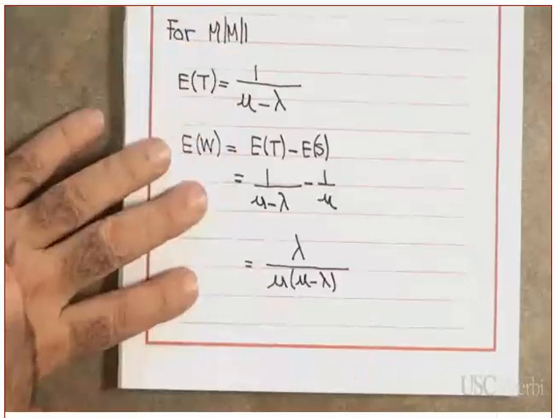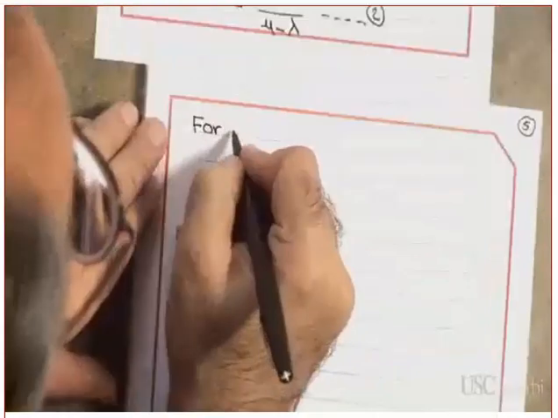What is rho? Lambda over mu. Yes? Which means 1 minus rho is mu minus lambda over mu. The mu cancels with this. So I end up with 1 over 2 times mu minus lambda. This is E of W in an MD1.